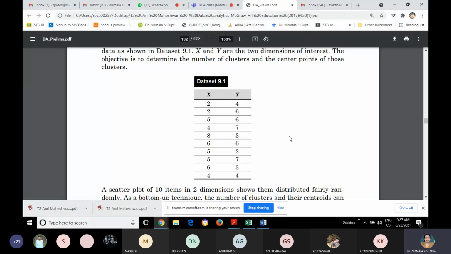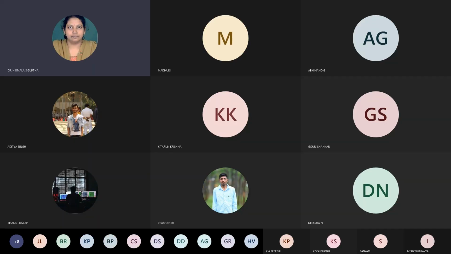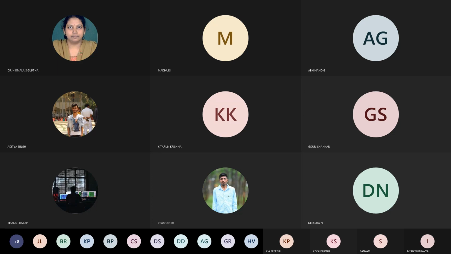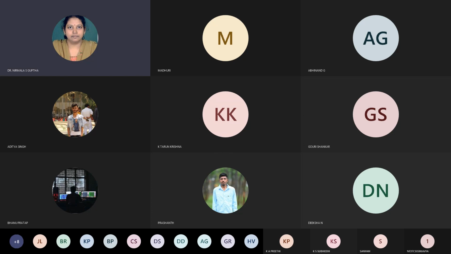Now let me go back to the whiteboard. Let me share the whiteboard. Please remember this data set, because we need it to understand how we make the clusters and how we find the center points of those clusters. Are you getting my point?